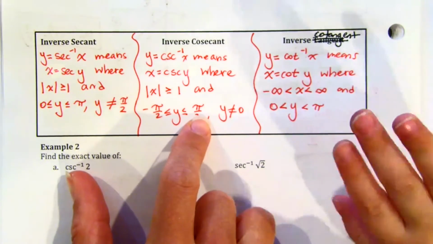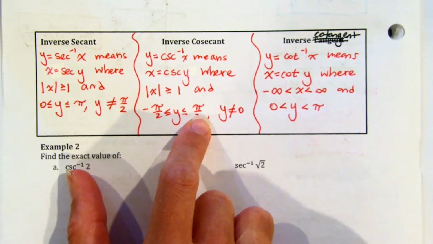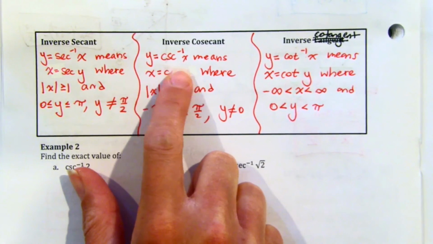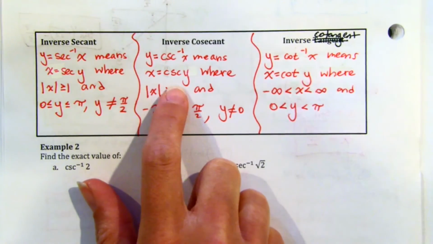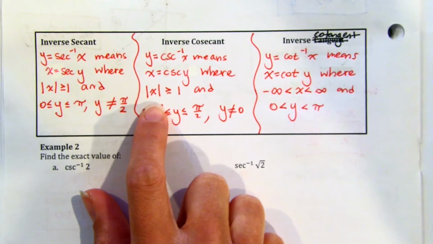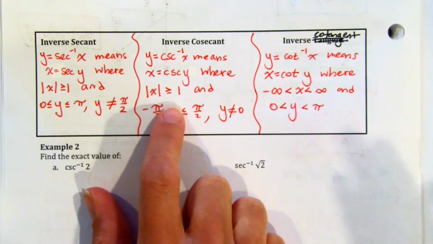Inverse cosecant, well, remember, cosecant is related to its reciprocal function, which is sine. So, y equals the inverse cosecant of x means that x is equal to the cosecant of y, where the absolute value of x is greater than or equal to 1, or essentially not between -1 and +1.